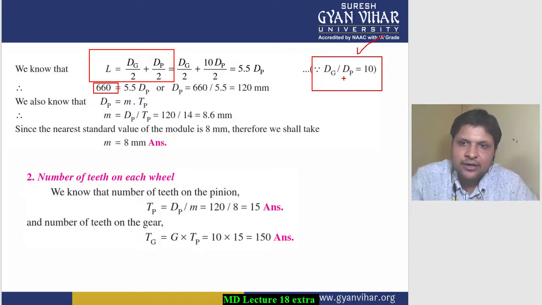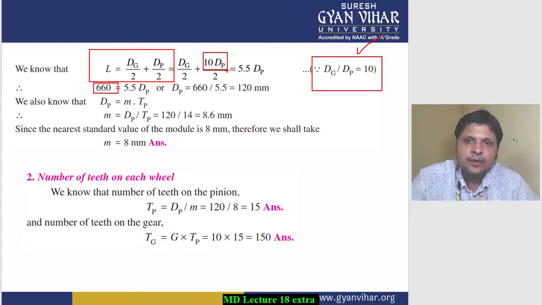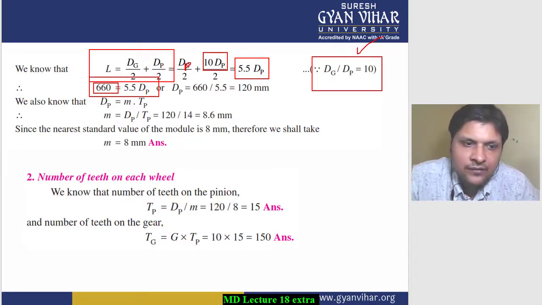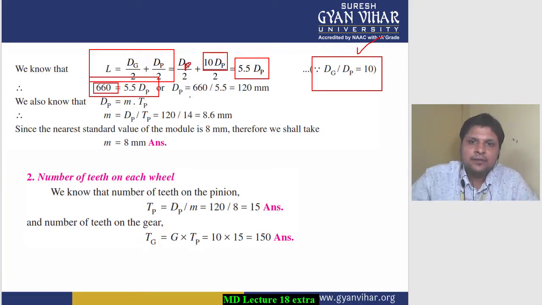So you can write dg is equal to 10 dp. Therefore finally the equation becomes dp by 2 plus 10 dp by 2 is equal to L. This means 5.5 dp is equal to L. L is given as 660, so 660 is equal to 5.5 into dp. From this you can calculate the value of dp.